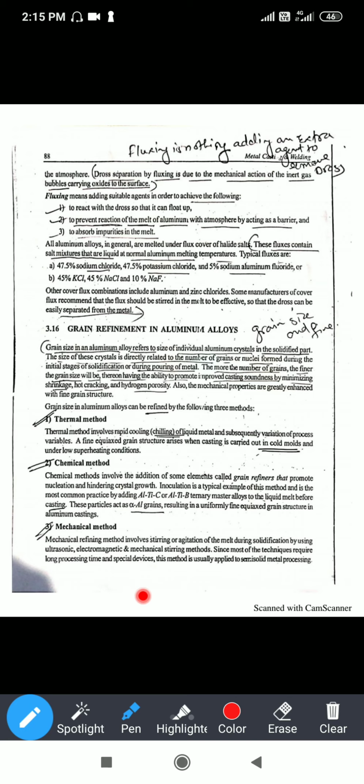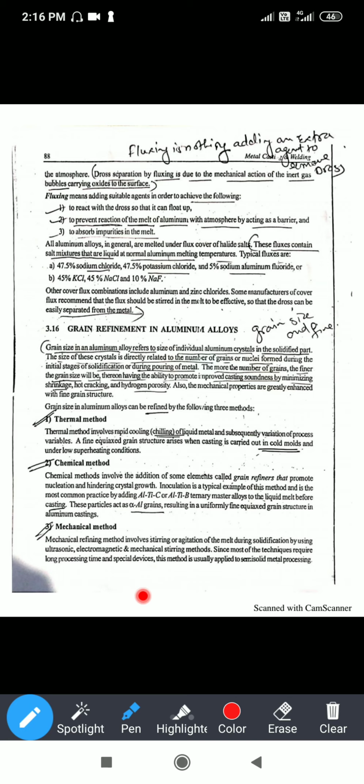Fluxing means adding a suitable agent in order to achieve the following: to react with the dross so that it can float up, and to prevent reactions of the melt. So some chemicals are added to the liquid, so whatever dross is there will come to the upper side, that is corrosion fluxing.